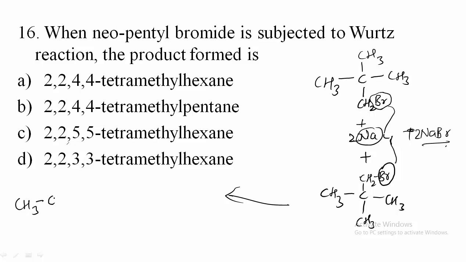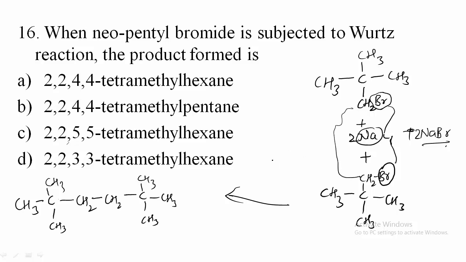CH3, C, CH3, CH3, CH2, CH2, C, CH3, CH3, CH3. So just remove the Br atoms and link the CH2 and CH2 with each other. Then we will get this compound.